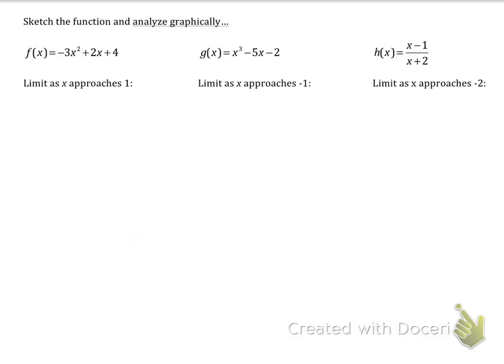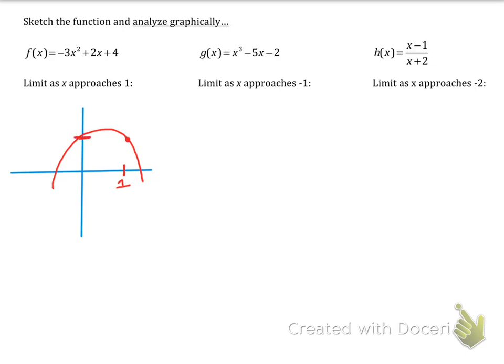Okay, so I'm just going to sketch a graph and show you how we analyze these limits. Okay, so here's a sketch of a quadratic that is upside down, opening down. So as the limit approaches 1, at this point 1, we have a point that approaches this number right here.